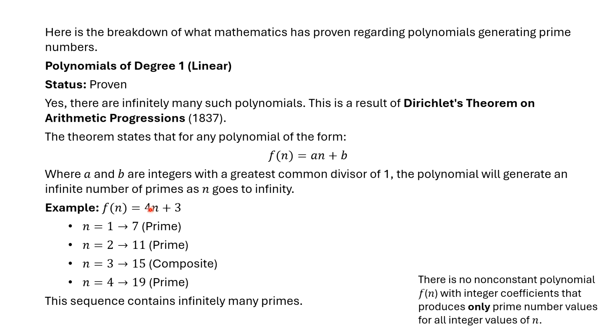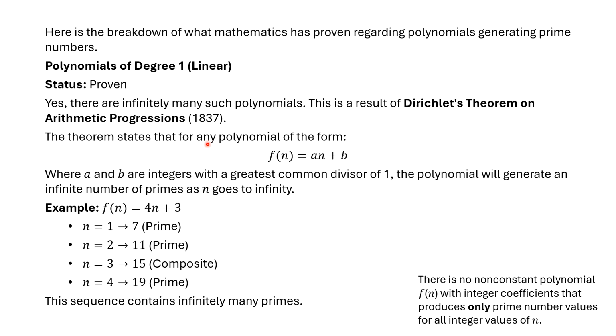And I have one example here. If you take f of n equals 4n plus 3, 4 and 3 are relatively prime. And you can see here as you plug in just a few. For 1, you get a prime. Plug in 2, you get 11. That's prime. 3 is composite. 15 is composite. Then you get another prime.